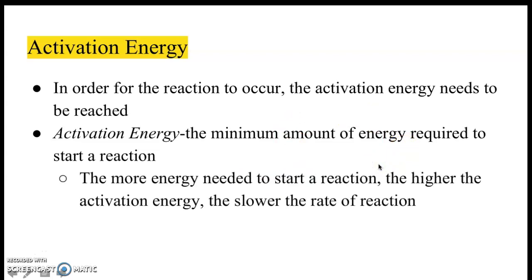The more energy needed to start a reaction, the higher the activation energy is, the slower the rate of reaction for that chemical reaction. It slows the rate because more energy is required in order for the reaction to go in the first place. The symbol for activation energy is this, E with a lower subscript of A.